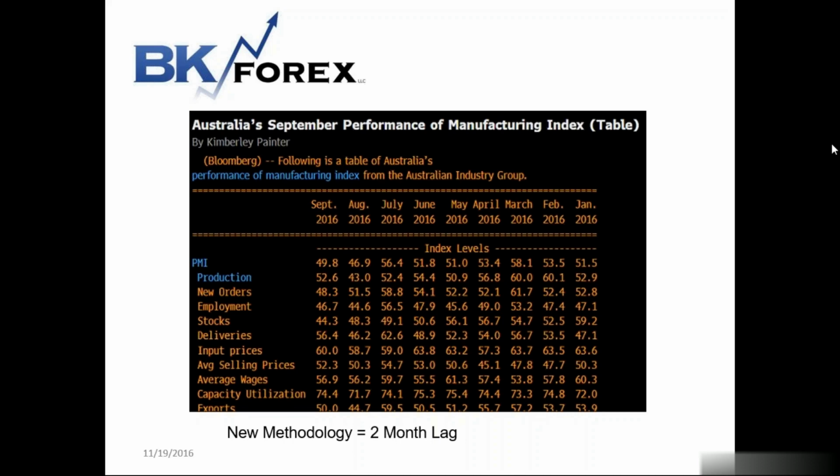So generally speaking, with employment numbers, we basically look 2 months back.